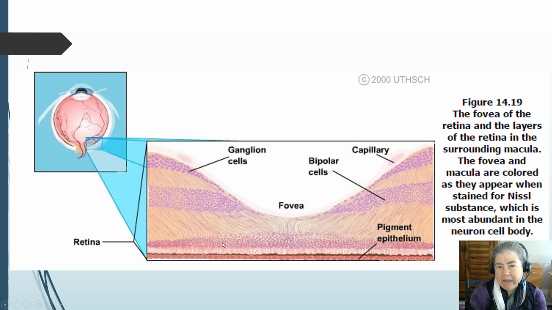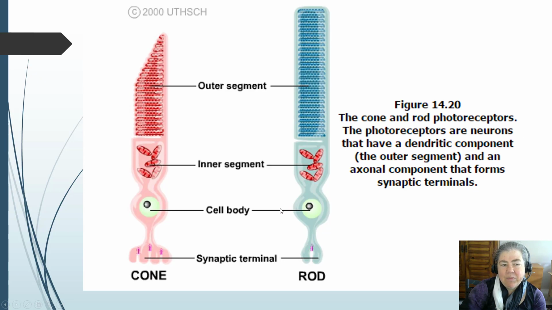At the fovea, the layers are thicker and the outer layers are thinner, and the cones and rods are denser. This again is based on a micrograph.